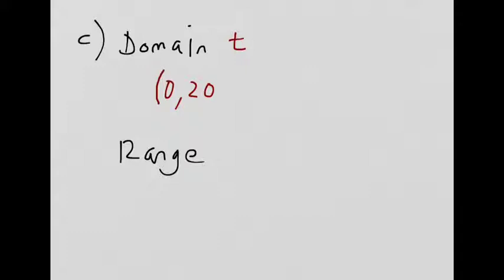But that's not the case here. I want it to include 0, so I write a square bracket. I want it to also include 20, so I write a square bracket. If I didn't want to include it, I'd write a round bracket. But I do want it to include 20. So what this communicates is it's all values between 0 and 20, inclusive of 0 and inclusive of 20.